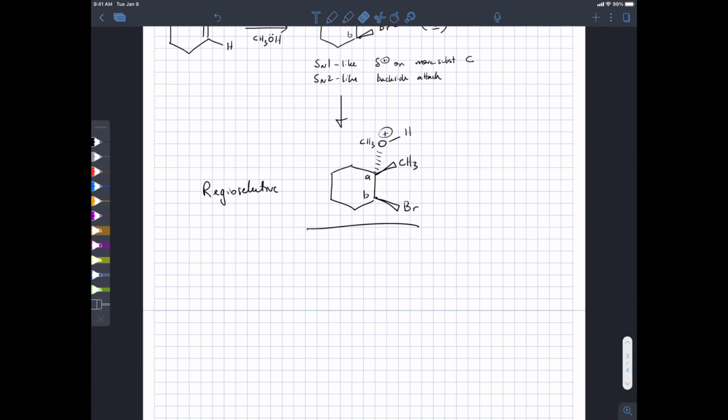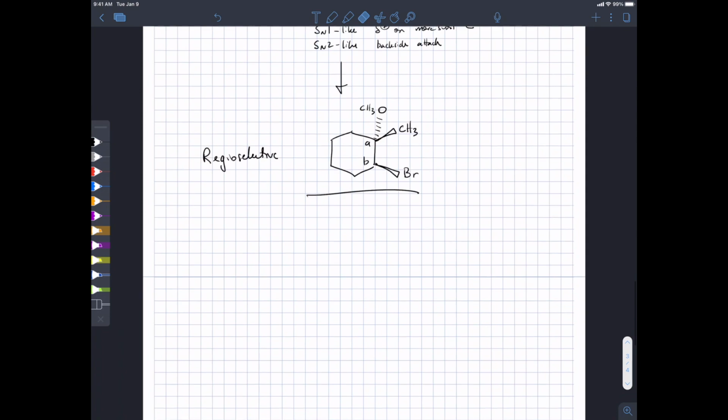The other step I won't show you is removing of this proton by solvent in the final step to give you your neutral product. You can call this a halohydrin. It's a little bit different because you've got an ether here instead of an OH group. It's regioselective for having your nucleophile on the more substituted carbon.